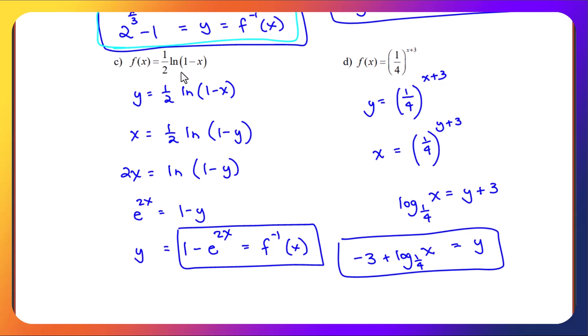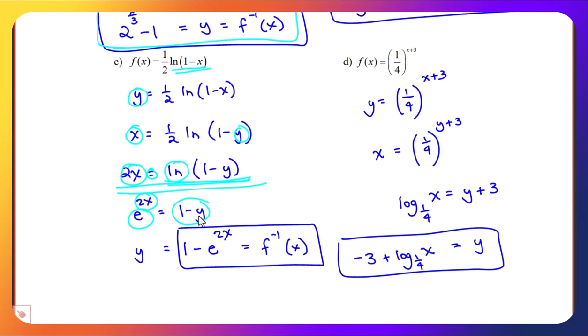Again, we need to isolate the ln pretty soon, but first of all, f of x becomes y. We switch x and y. Then I multiply both sides by 2 to isolate the log statement. Then the exponent of e that gives us 1 minus y, that exponent is 2x.